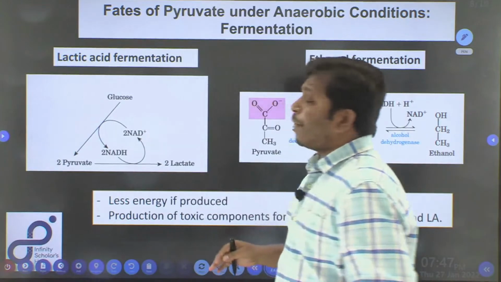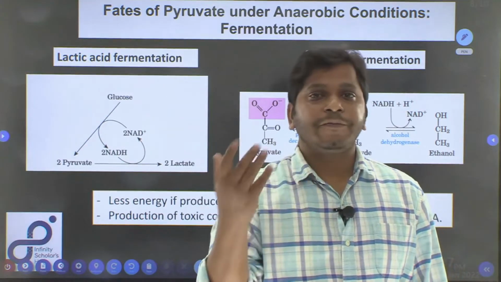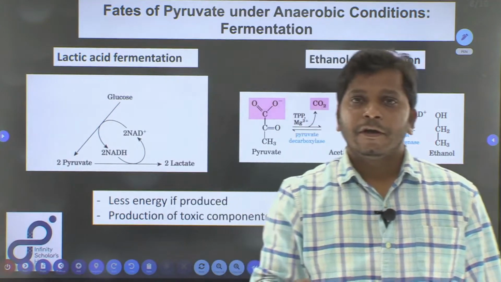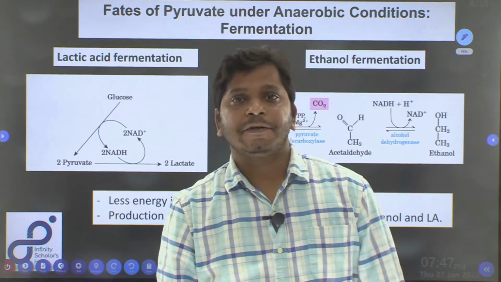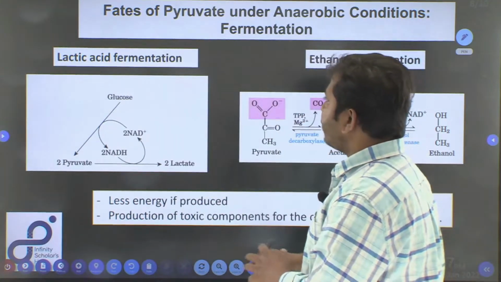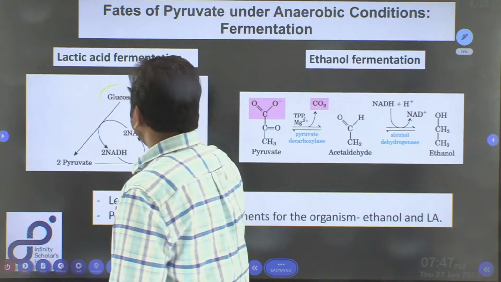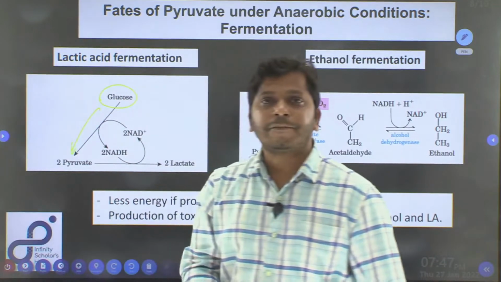Now the pyruvic acid under anaerobic conditions will undergo two different types of pathways, which we discussed some time before. One is the lactic acid fermentation pathway, another is the alcohol fermentation pathway. In lactic acid fermentation, the first step is glycolysis, which gives two molecules of pyruvate.